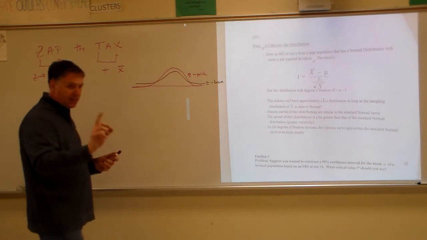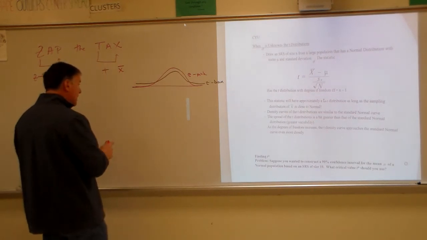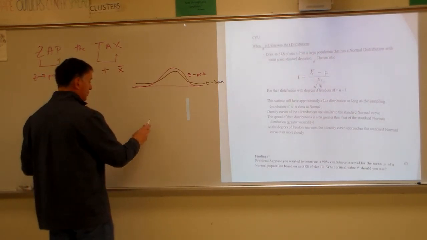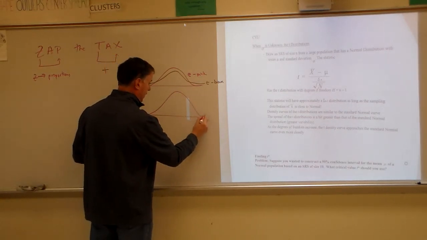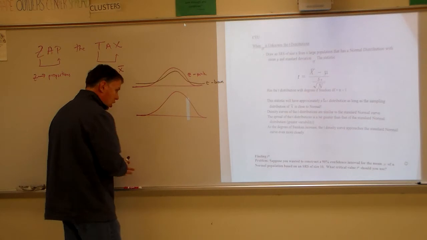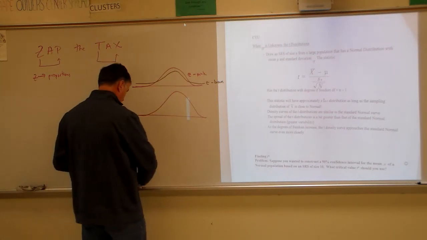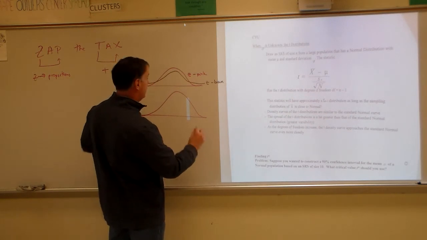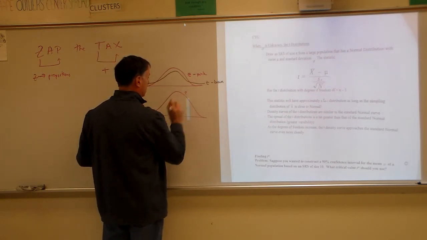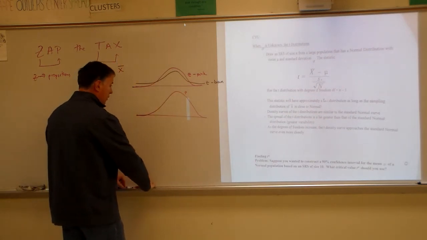Now, one thing that will happen is, I'm going to draw another one of these, okay? I'm going to make this my Z distribution, okay? And then we're going to call the brown, so that's going to be my Z. That's my Z distribution, okay?